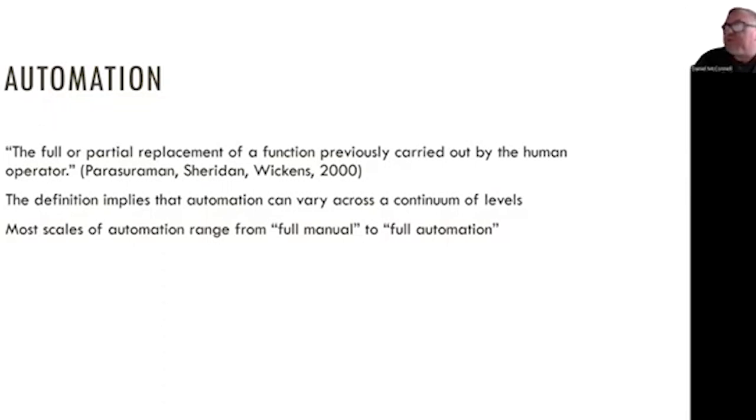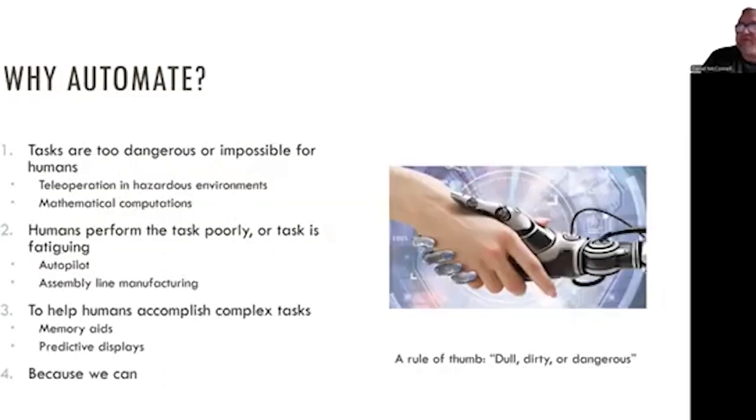So we have this definition: full or partial replacement of a function or task previously carried out by the human operator. That means we have levels of automation, which I'll show you in a second.